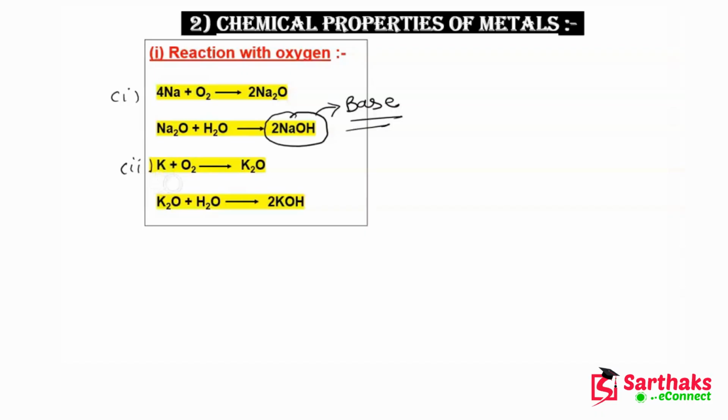that potassium is reacting with oxygen and it is forming K2O, which is potassium oxide. Let me write it here. This is potassium oxide. When this potassium oxide reacts with water, it forms KOH, which is potassium hydroxide, and this is again a base.